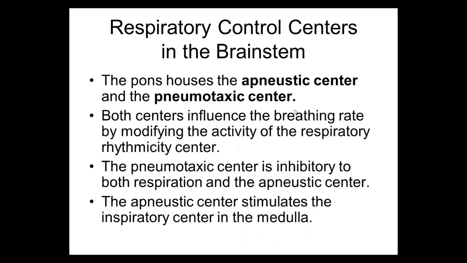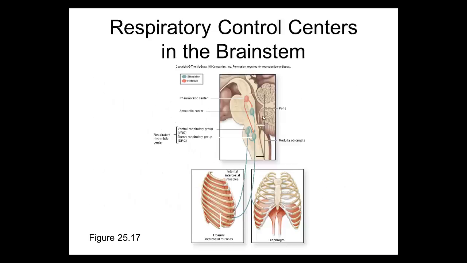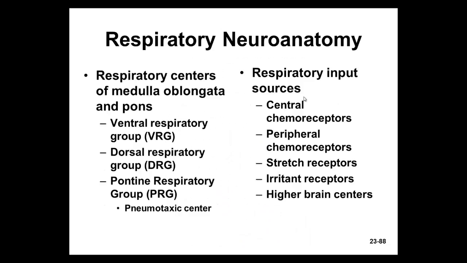Okay, so we agreed that those two centers, the apneustic and the pneumotaxic centers, smooth the respiratory movements for you. Collectively, those centers, whether in the medulla oblongata or the pons, function to provide you a very smooth rhythm, and whether you're awake or not, the rhythm continues.